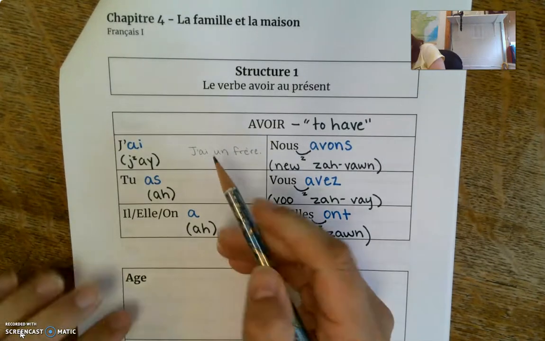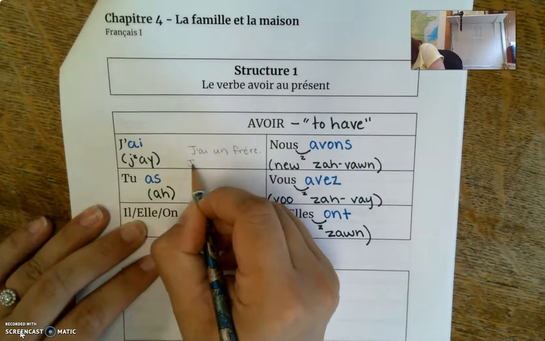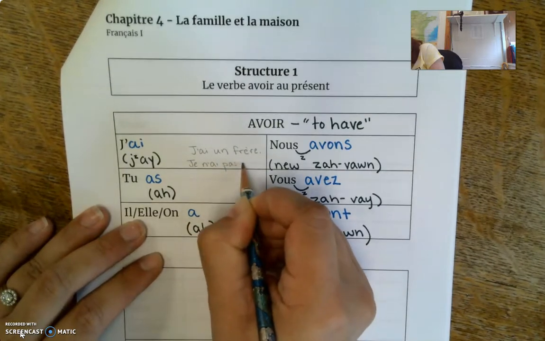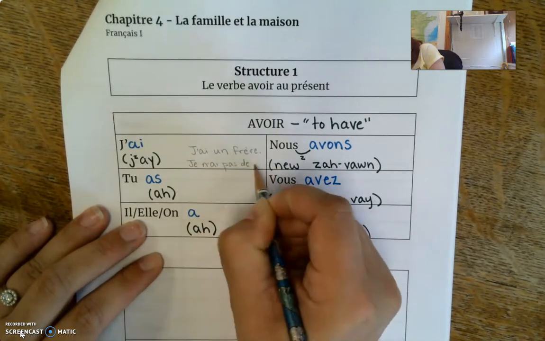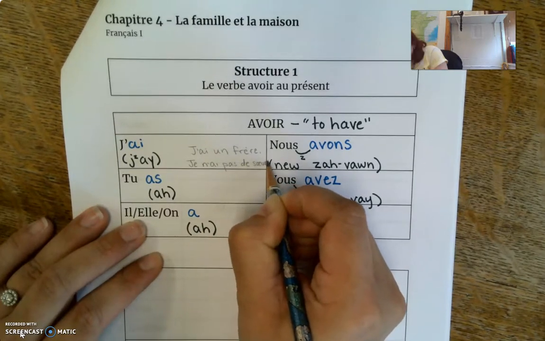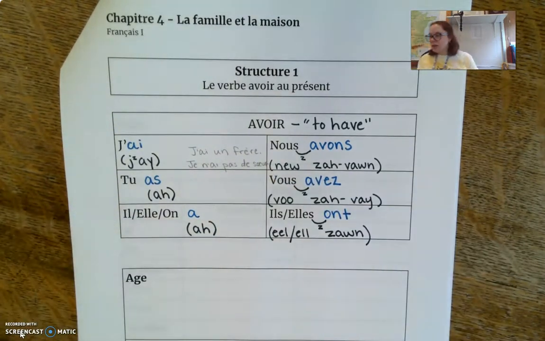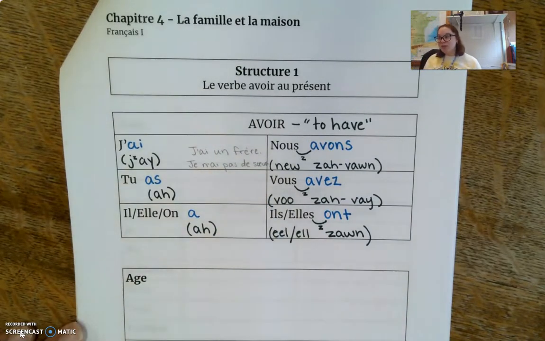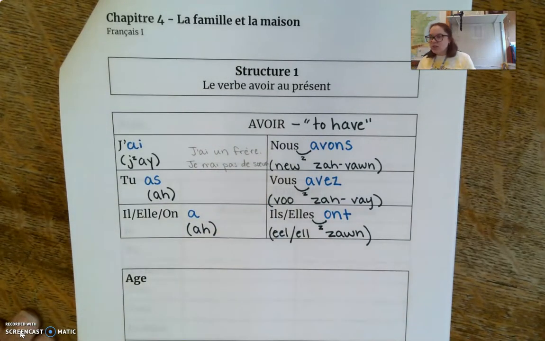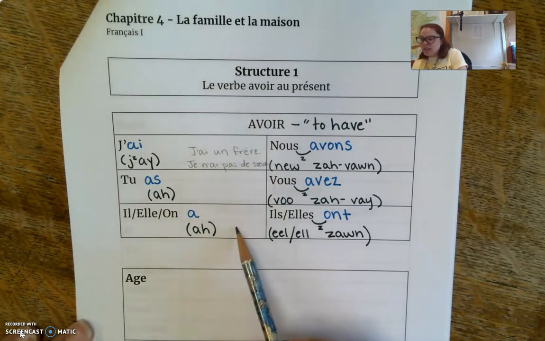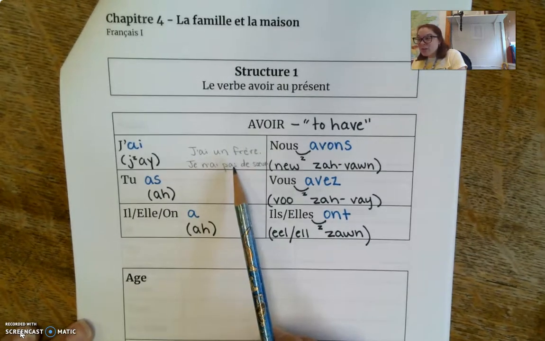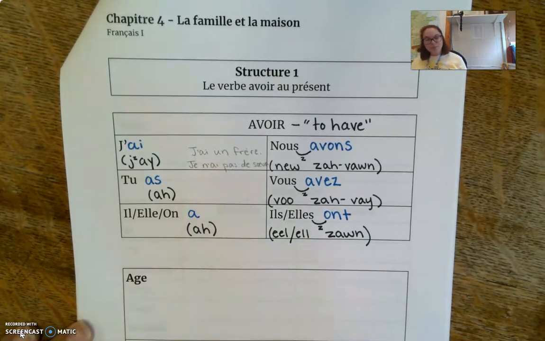So I might say, je n'ai pas de sœur. I don't have a sister. We remember that un and une turn into de or d apostrophe. So for each of these, I'll just pick a negative or a positive sentence for my examples. But I want to remind us that the ne and n' and pas sandwiches right around that verb.